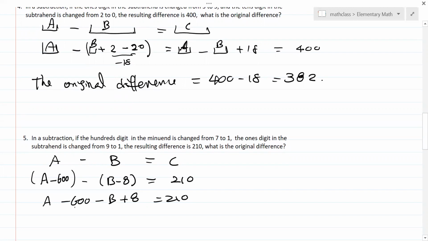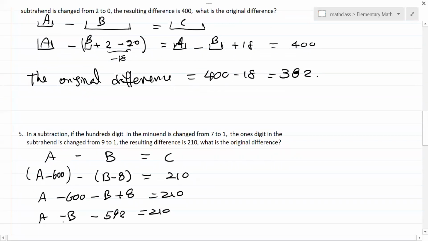Let's look at this: minus 600, and this will be A minus B, that's the original one, and then minus 592. So the original difference actually decreased by 592.